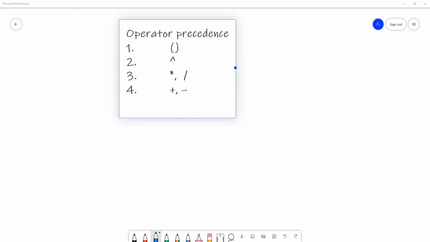Sithiya? If you have multiplication, division, which one are you going to do first? Multiplication. Babashi? If you have multiplication or division, which one are you going to do first? Dulina? Do the operation starting from the left hand side.